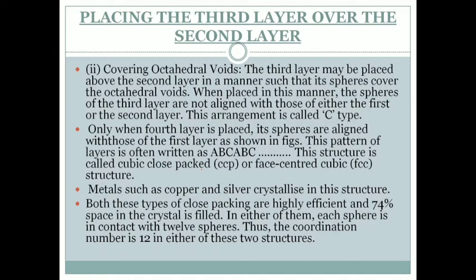Only when the fourth layer is placed, its spheres are aligned with those of the first layer, as shown in the figure. This pattern is called ABC. I will show you all these patterns. This structure is called CCP, that is cubic close packed, or FCC, that is face centered cubic structure.